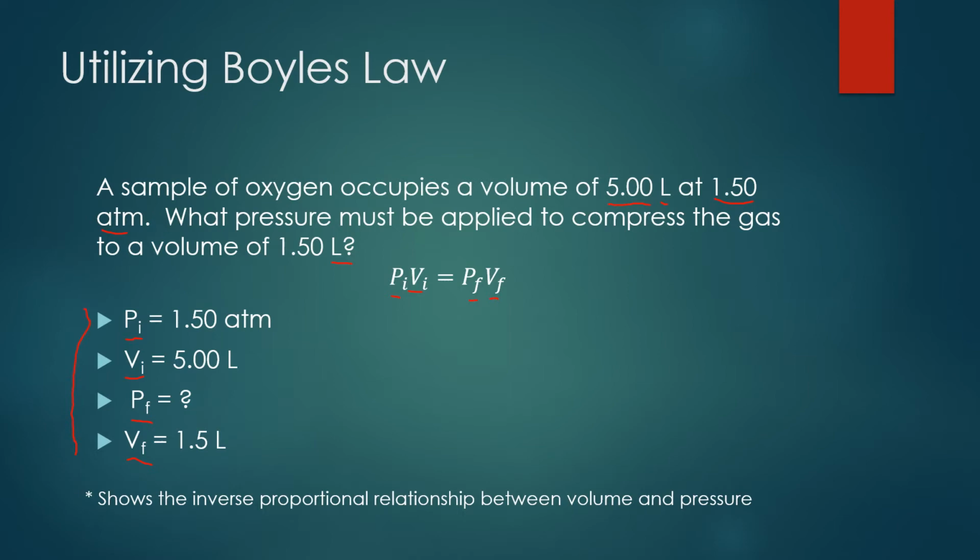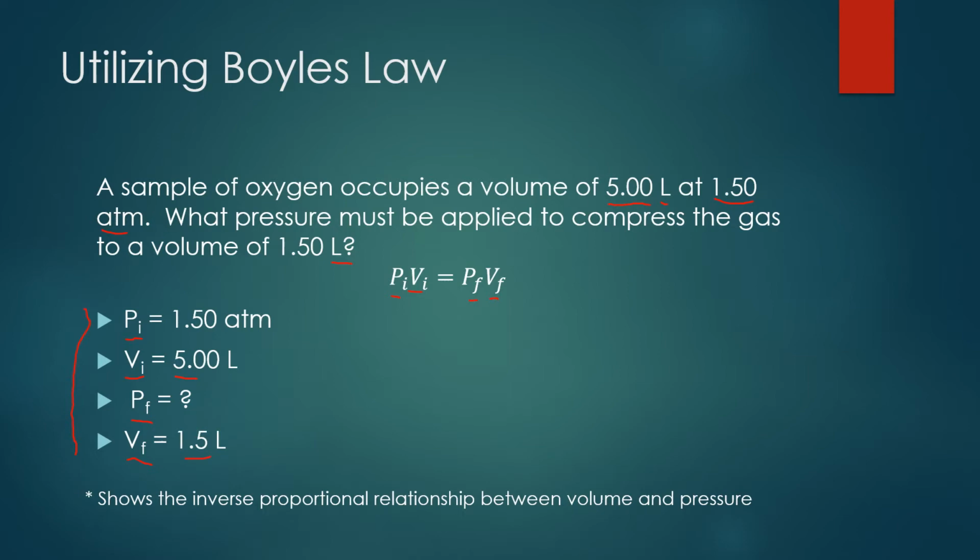So now let's use that relationship between volume and pressure in Boyle's law and predict what the final pressure is going to be. So we said that volume and pressure are inversely proportional. That means if one goes up, the other goes down. One goes down, the other goes up, right? So what's happening here? We have an initial volume of 5 liters. The final volume is 1.5 liters.